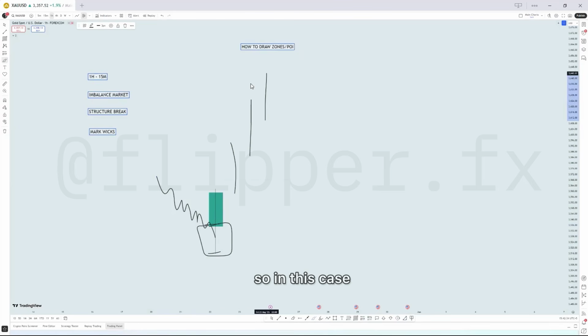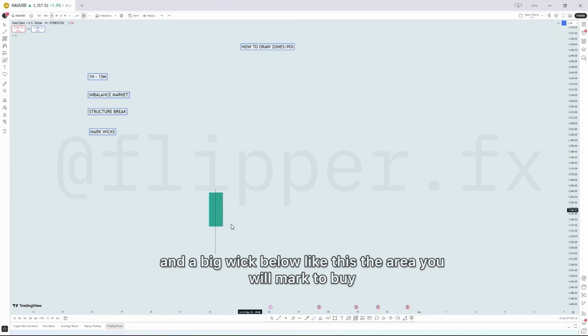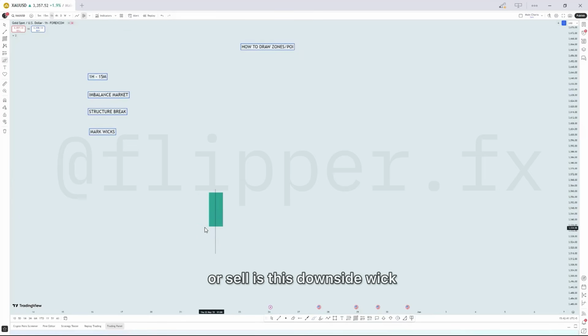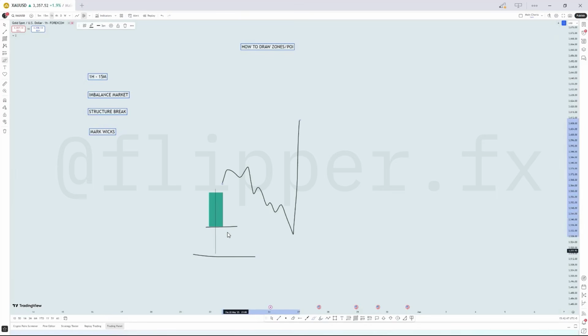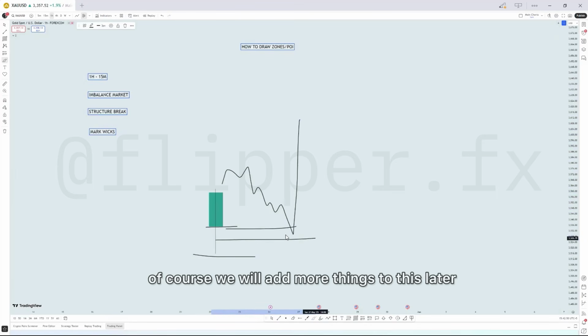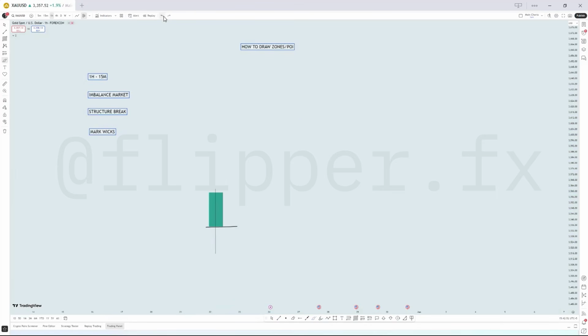So in this case, when there's no wick above and a big wick below, the area you will mark to buy or sell is this downside wick. That's your entry zone. Of course, we will add more things to this later.